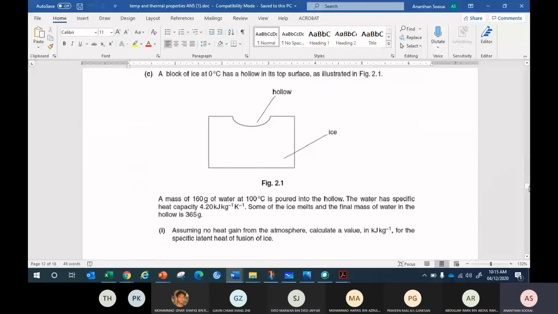Use the concept I taught you just now and get the answer. Energy lost equals energy gain. Energy loss could be mcθ, could be latent heat also sometimes. You have to check.